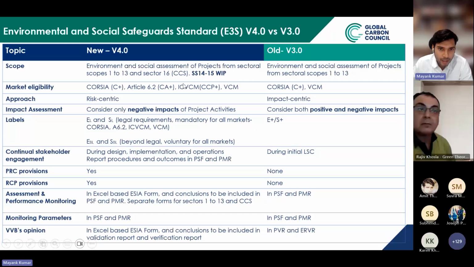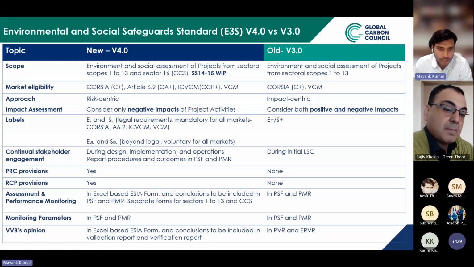So a new version of the standard may come up having rules for AFOLU and agriculture as well. The standard in its latest version is applicable for CORSIA, market eligibility, Article 6.2, ICVCM, and the voluntary carbon market. In other words, it applies even if you are not seeking any of these market eligibilities and are only seeking GCC credits.